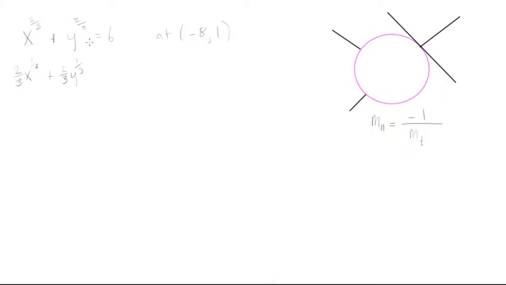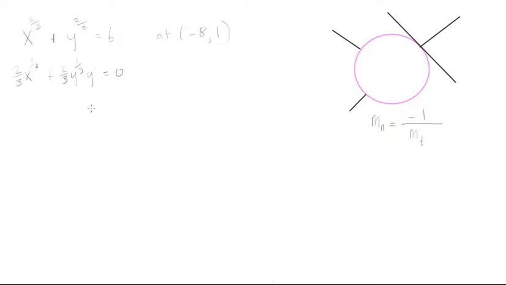Now when we do that with y, we don't know what y is. So when we multiply the outside of it, we get 2/3 y to the power of 1/3. And when we multiply times the derivative of the inside, that's just going to be times y prime. We're not sure what that is yet. Now, we're going to differentiate the 6, and we'll get this equal to 0. And then we'll just rearrange this.